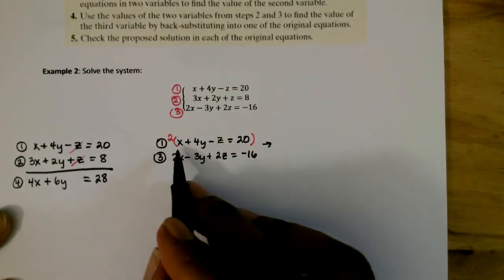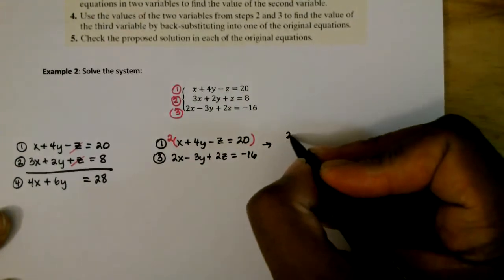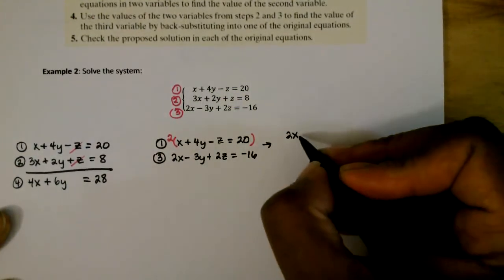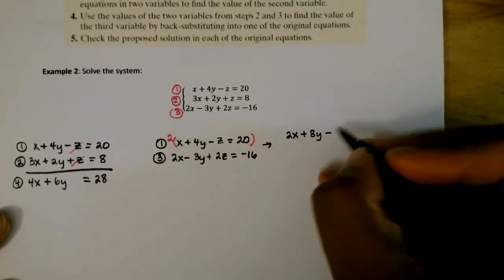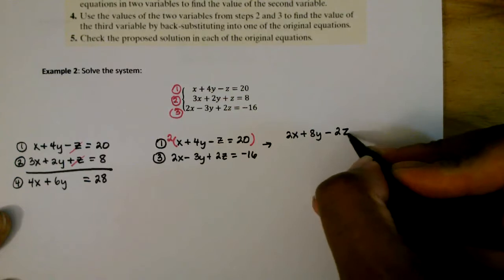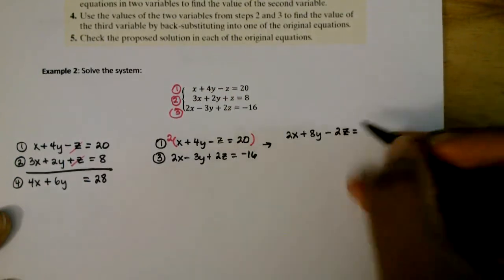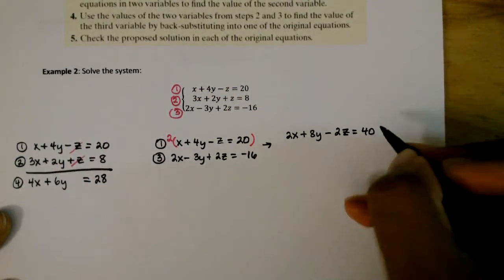So when I do that, 2 times x gives me 2x. 2 times a plus 4y will be a plus 8y, minus 2 times z will be minus 2z, and that's equal to 2 times 20, which is 40.